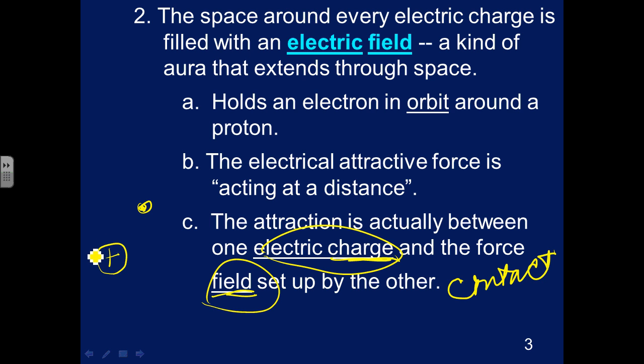So around this positive, there's this space. It looks invisible, but it has an effect on this electron. It's attracting it. And around the electron, it has a field, and it's pulling the proton towards it. So they're not touching each other, they're touching the force field of one another.